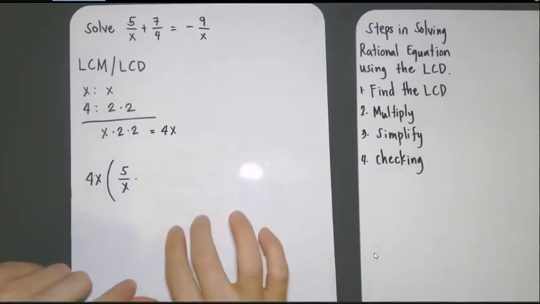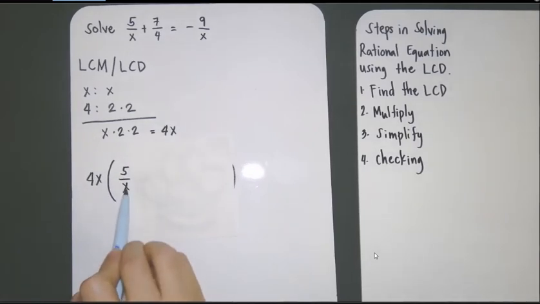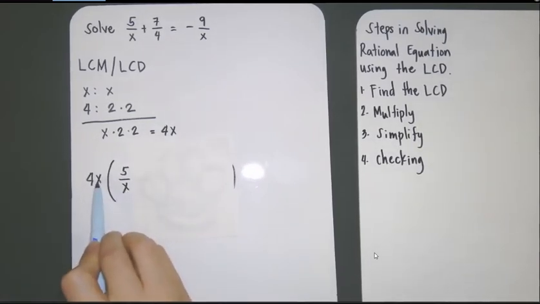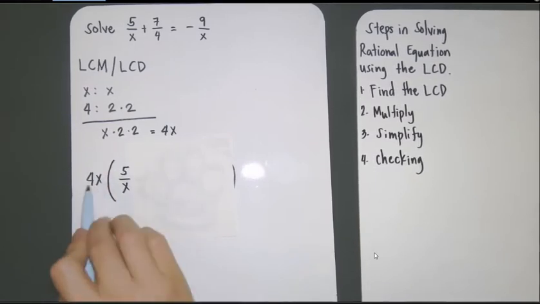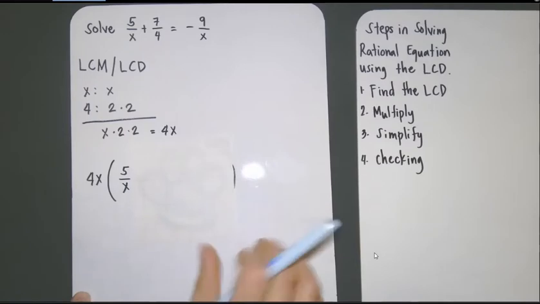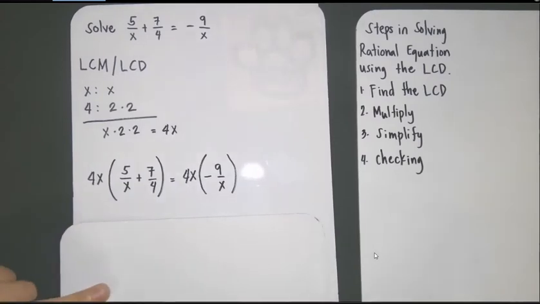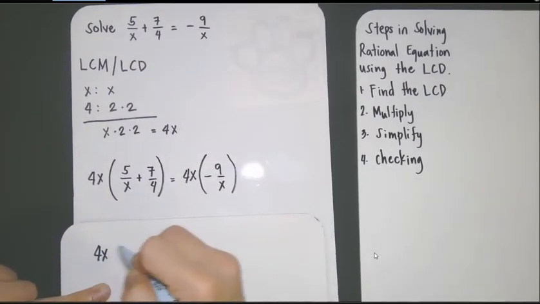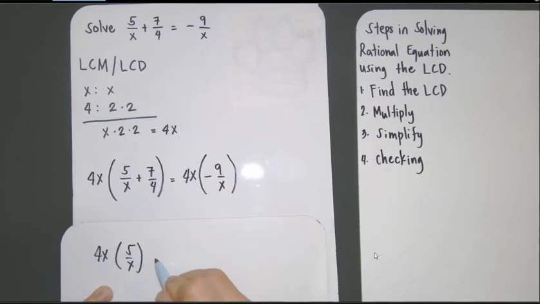So 4x times 5 over x, the x cancels out, so we have now 4 times 5. Let me show you that too, the long method.